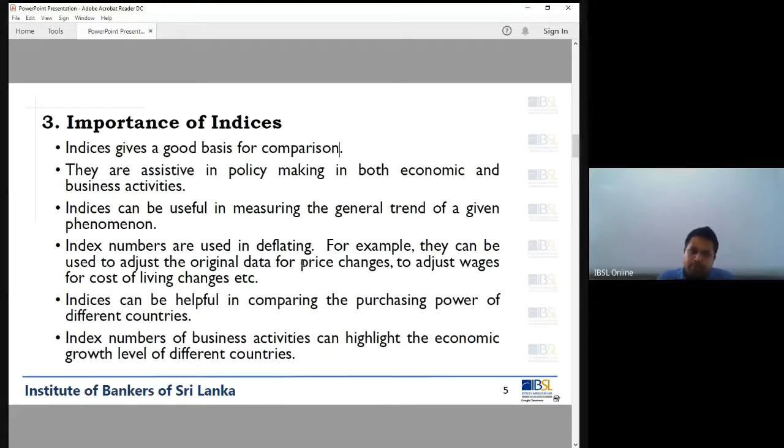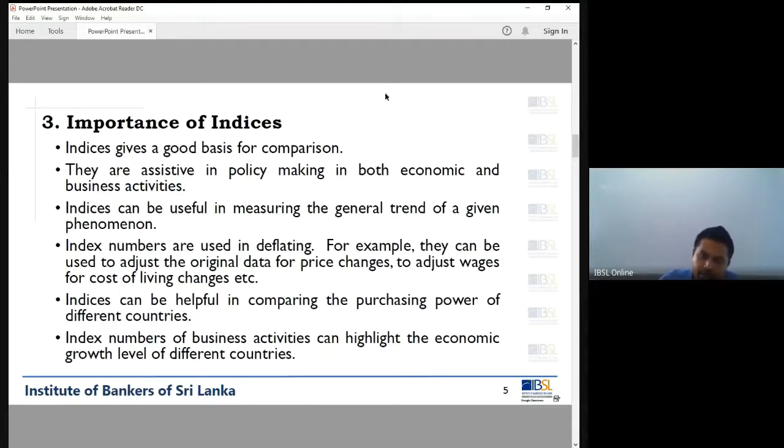It could be for a known set of variables, and it could be for the next point using a known set of variables also. Again, indices will give you the trends, and indices will give you the comparison basis of different countries, different currencies, different businesses, so that you should be able to understand which is better and which is worse. So that's the importance of indices, what we could identify.